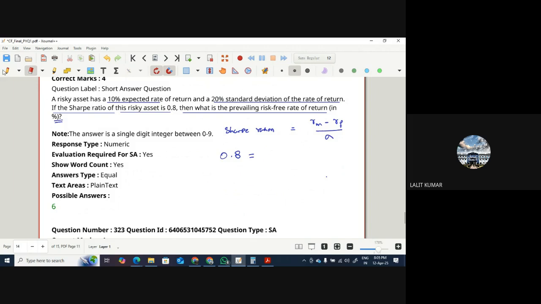Sharpe ratio 0.8, multiplied by 0.2, so this will become 0.16. And this is on top. The risky asset return is 10, so minus 0.1, so it will be 0.06. 0.16 minus 0.1.